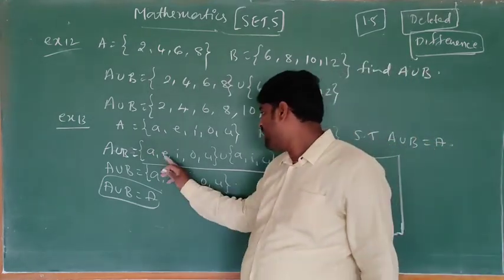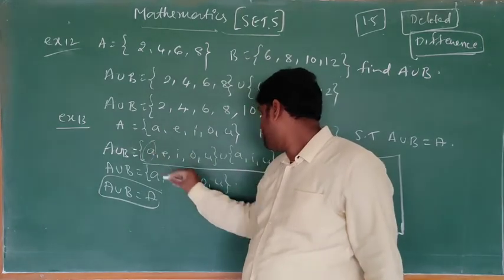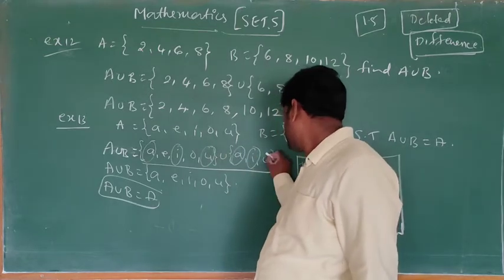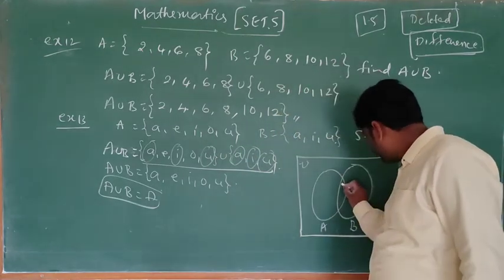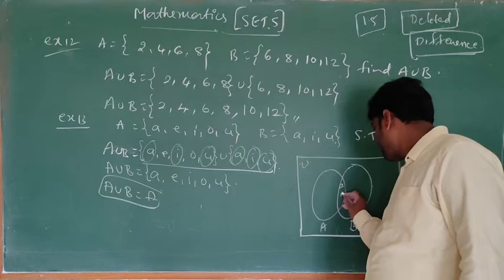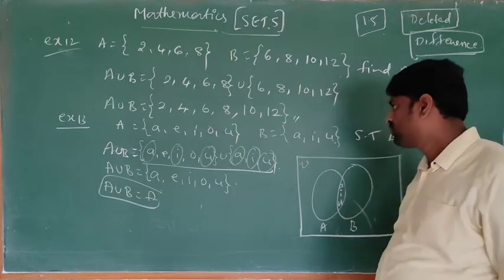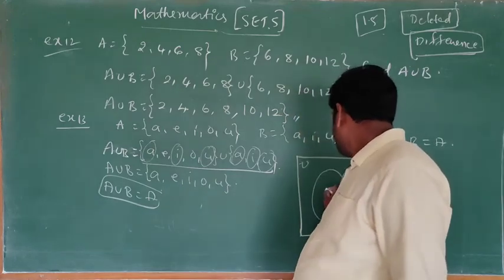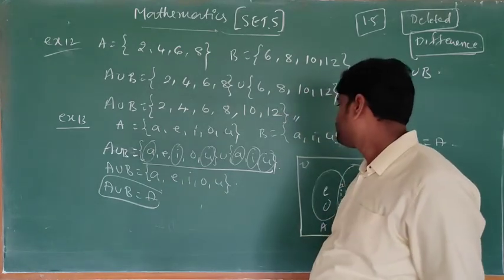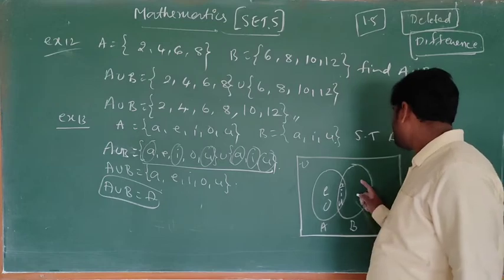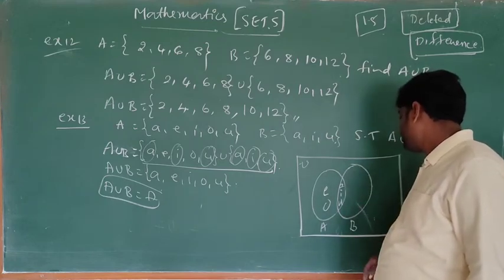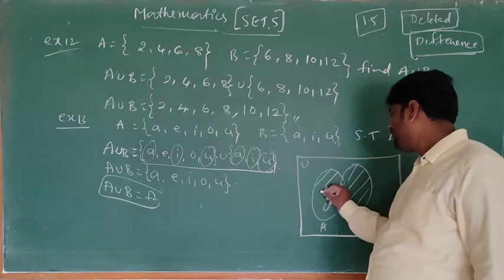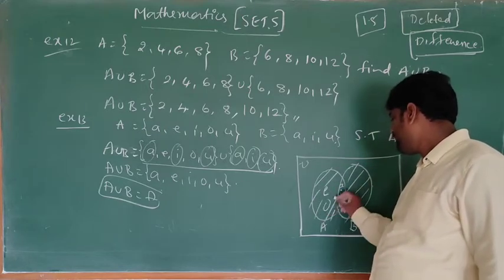The common elements of A and B are a, i, u. The remaining elements of A are e, o. For B, there are no remaining elements. So this is the Venn diagram of A union B.